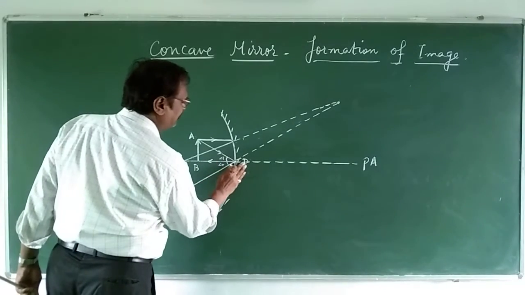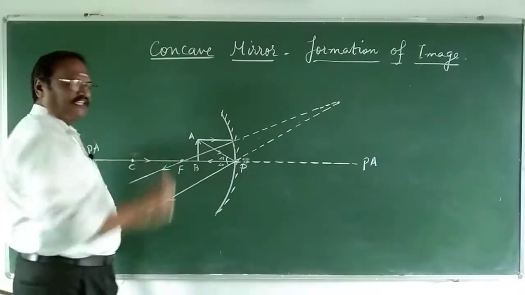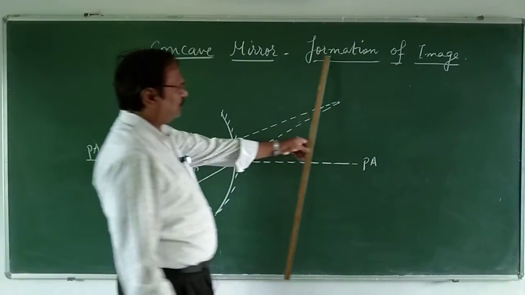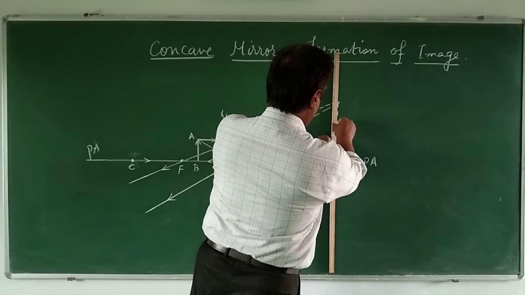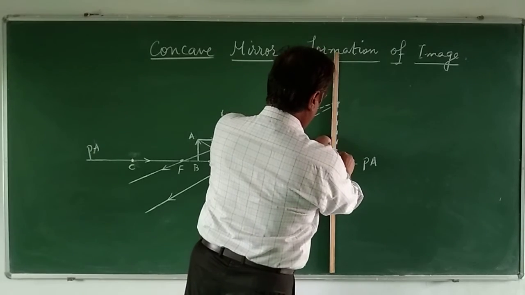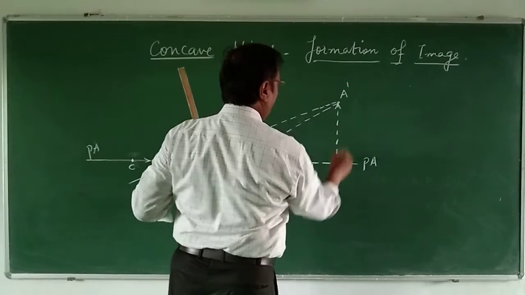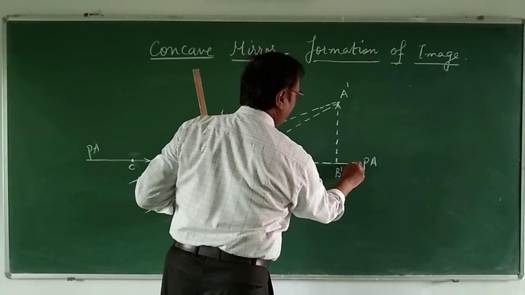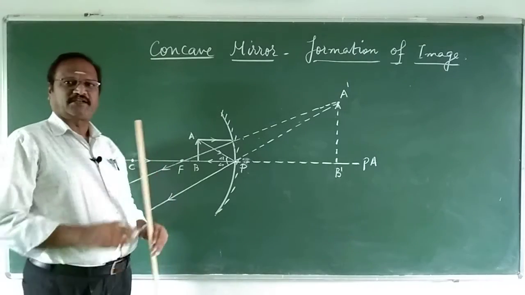Now this is the pole of the mirror, so the image is formed there. I draw a perpendicular. Look, this is the tip of it. A dash B dash is the image and AB is the object.